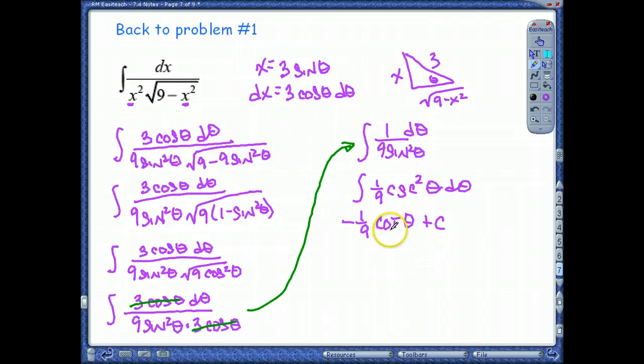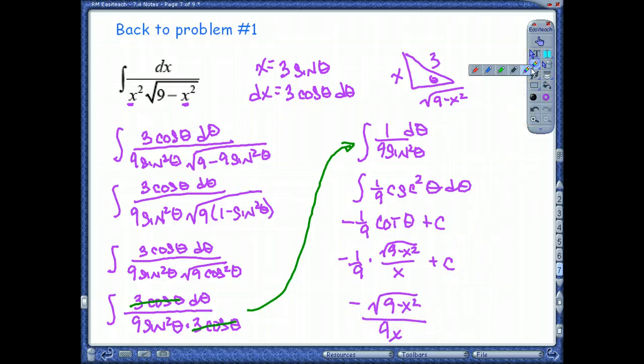Well, cotangent is adjacent over opposite, so I'm just going to substitute that back in. So you will literally be using your triangle to substitute your way back. So we've got negative square root of 9 minus x squared over 9x.